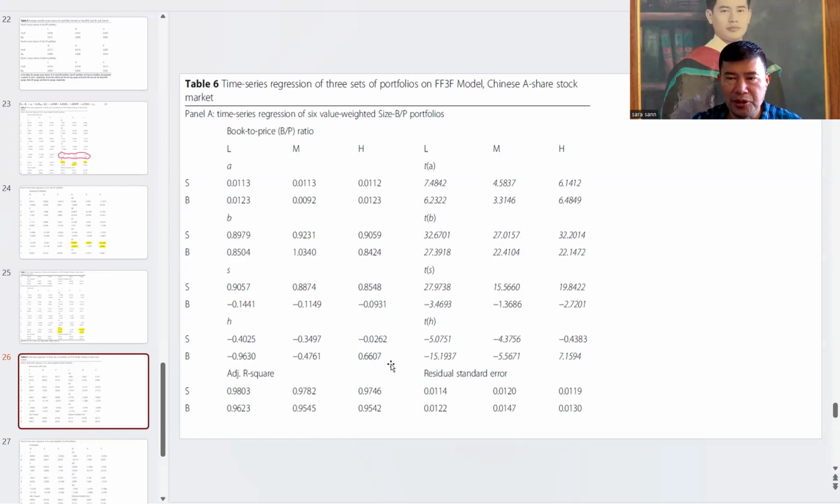If you choose a portfolio based on book to market ratio, you have to select a portfolio weighted with a big size to high book to market ratio. That will give you excess return, and the rest make your excess return go down. It's not good. Okay, this is the CAPM three-factor model.